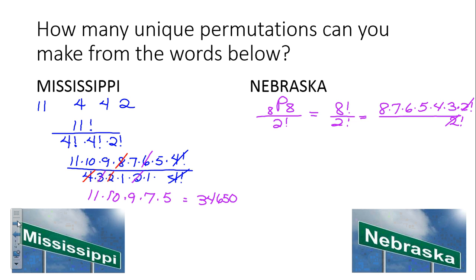So we can get 20,160 unique permutations because we took out the fact that we have a couple A's. So far, so good?